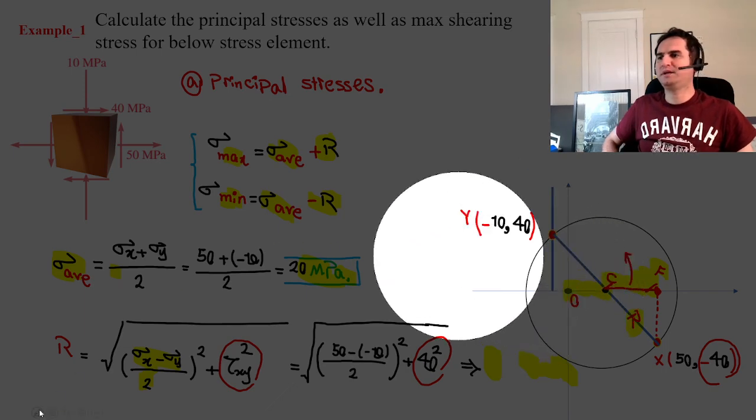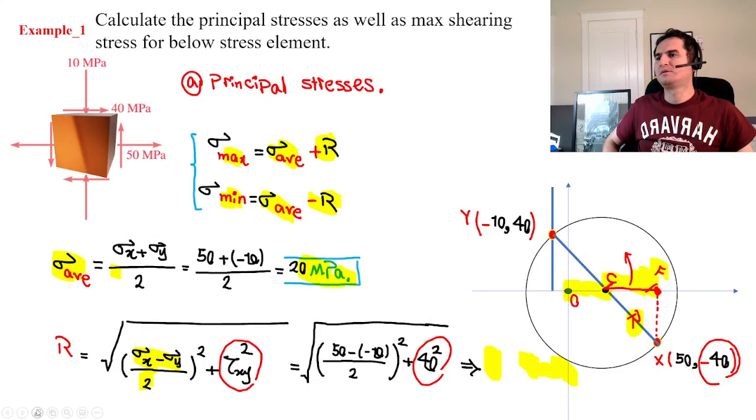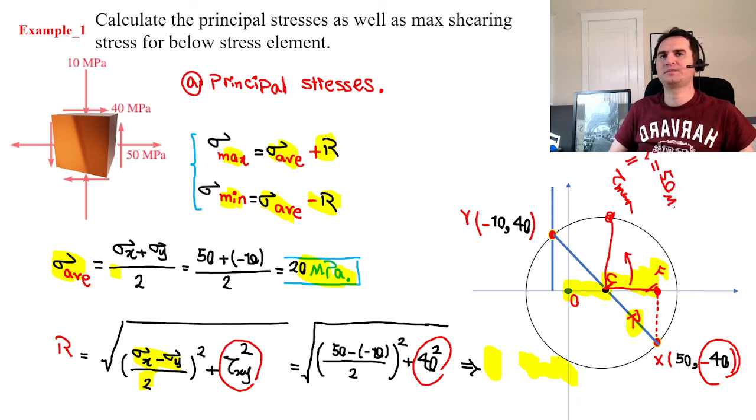And if the plane of shear is here with tau, that's tau maximum, which is equal to R, 50 megapascal.